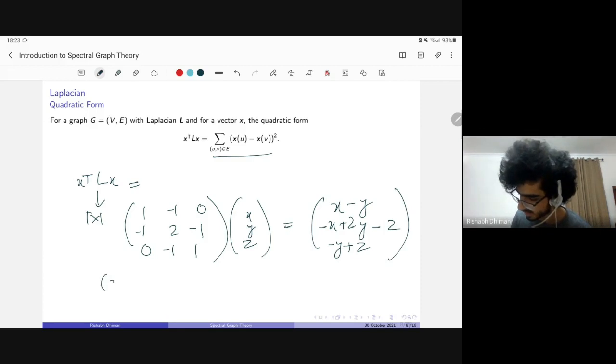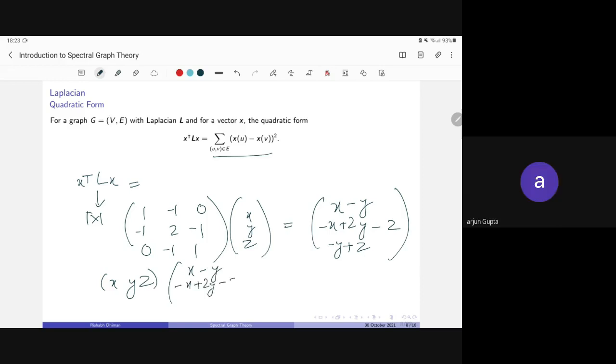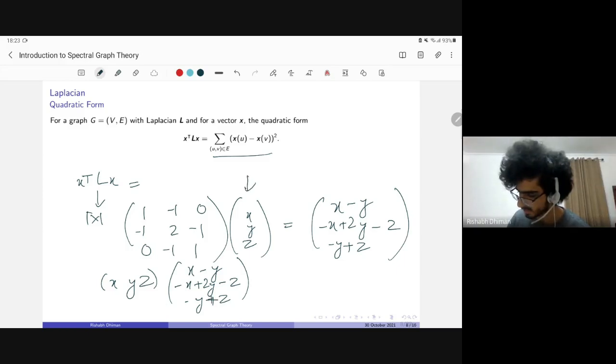And then I multiply this. But you have to multiply this by the transpose of x, right? Yep, so this is the transpose of the vector that we're multiplying.